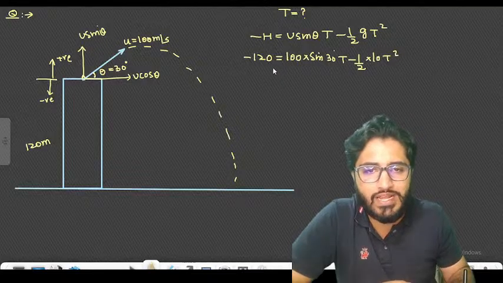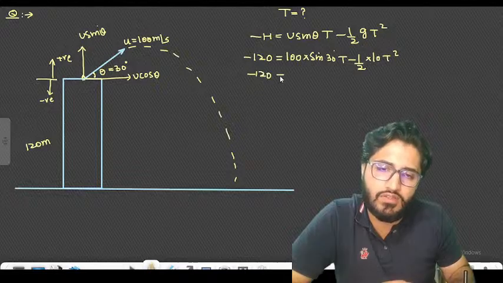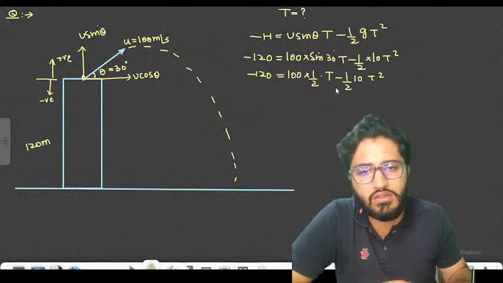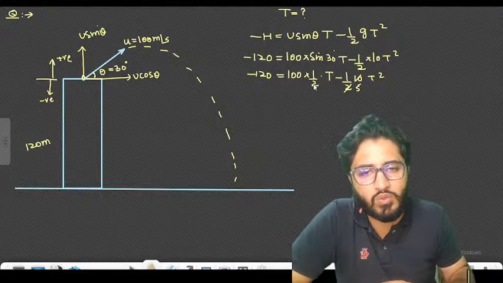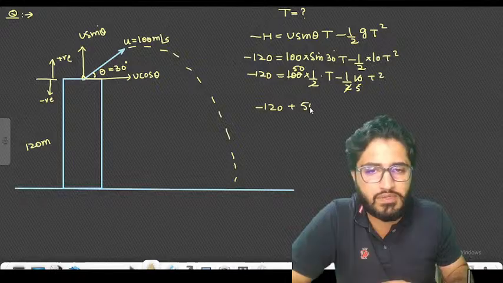So minus 120 equals to 100 sine 30 is 1 by 2 multiplied with t minus 1/2 of 10t square. I can take 2 ones are 2, 2 5s are 10, 2 ones are 2, 2 50s are 100. So my answer is minus 120 plus 50t minus 5t square.